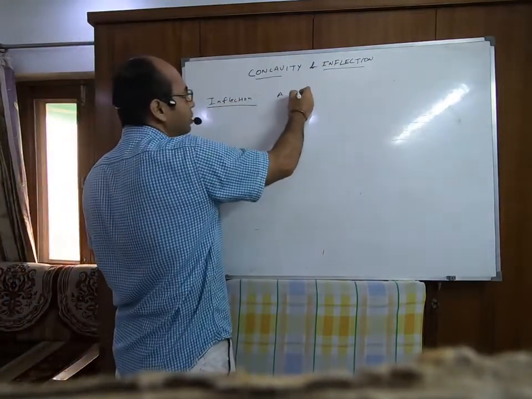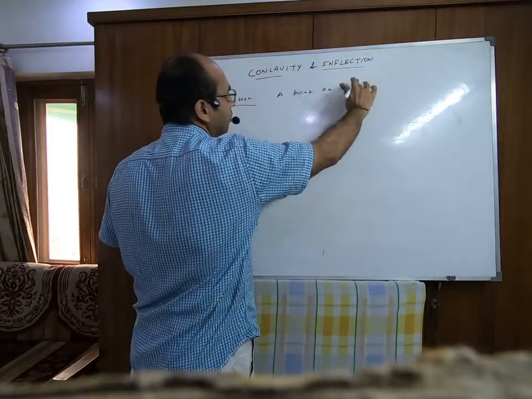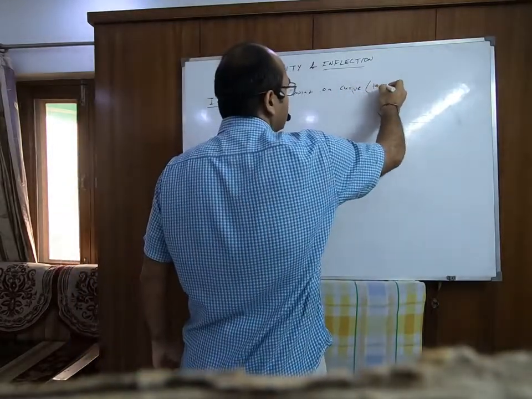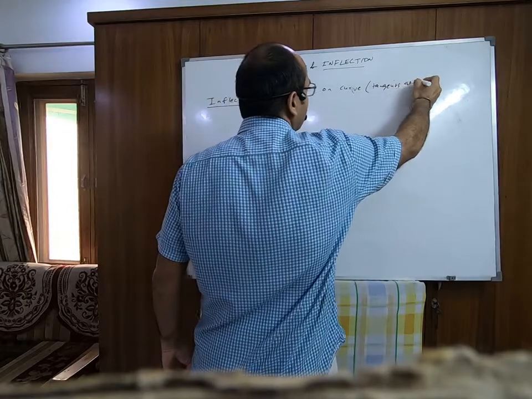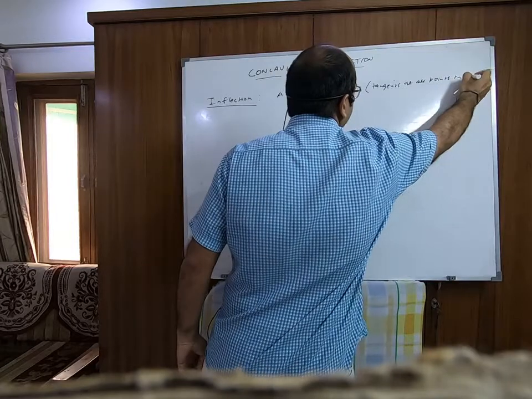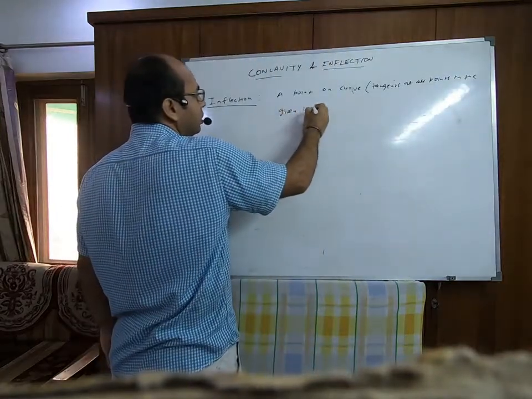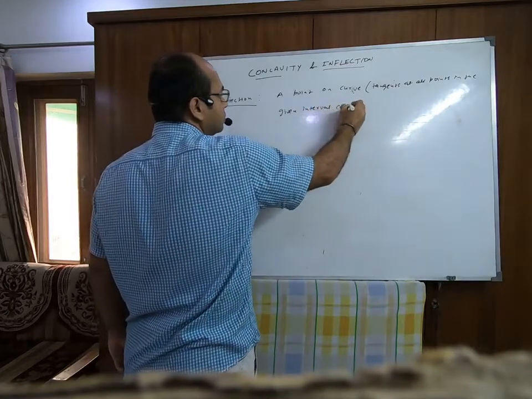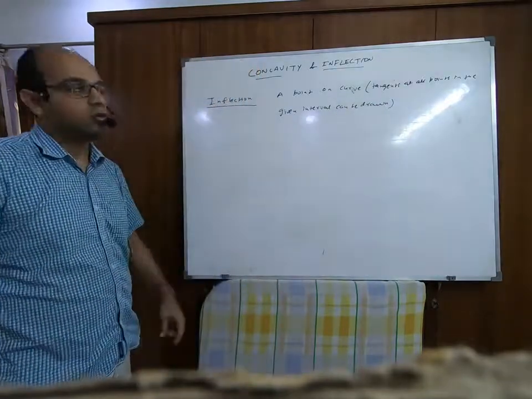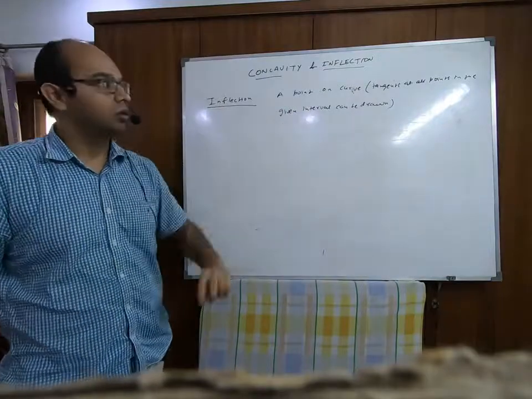A point on a curve, and the curve should be such that tangents at all points in the given interval can be drawn. The curve should be such that a tangent should exist at all the points, right?